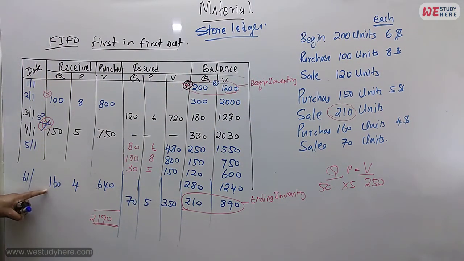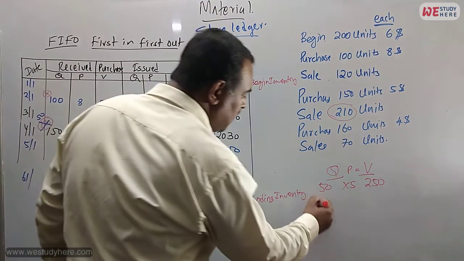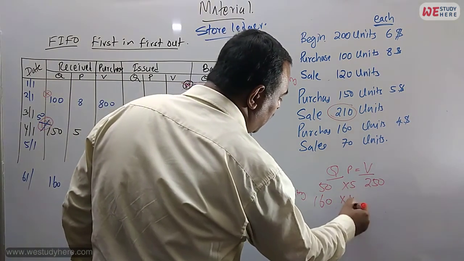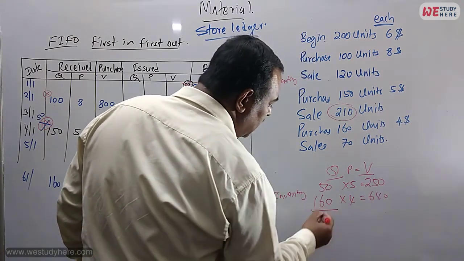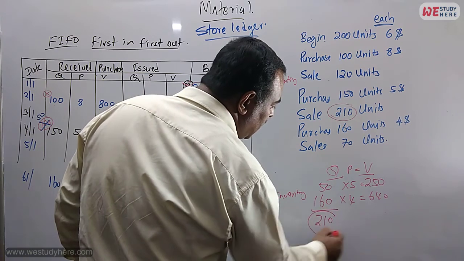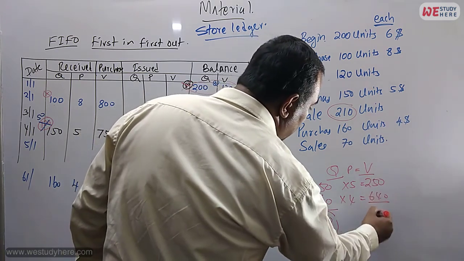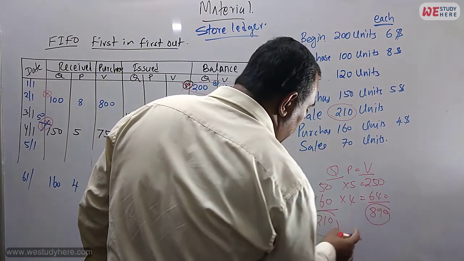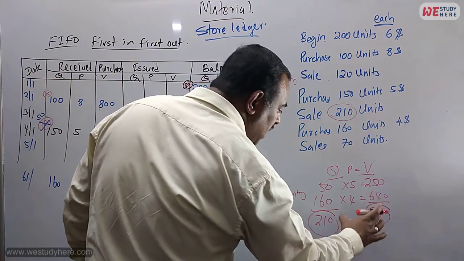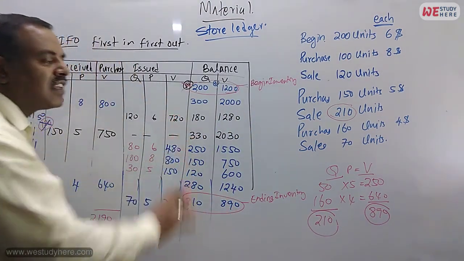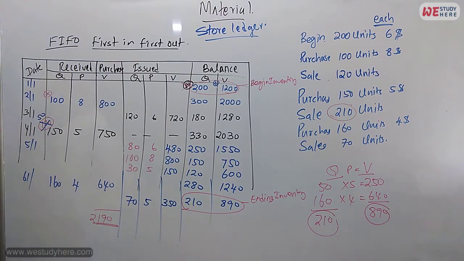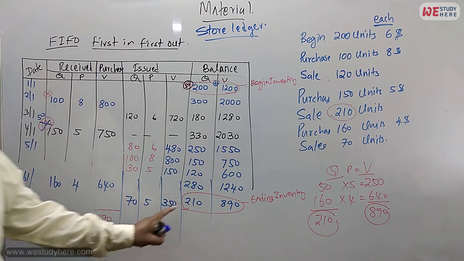Here is remaining how much? 160. We didn't issue this one. 160 into $4, 640. Now add the quantity, 210. Add the amount, value is 890. If we are getting this one, right? This value, if you find it here perfectly, your answer is correct. Clear? Now this is a FIFO method that we have to use to find out the ending inventory.